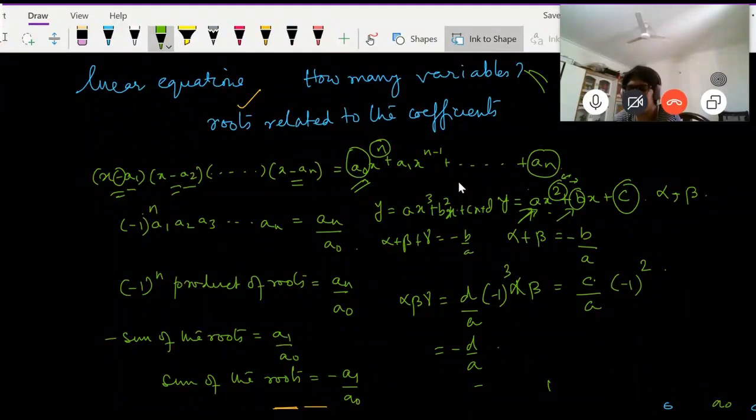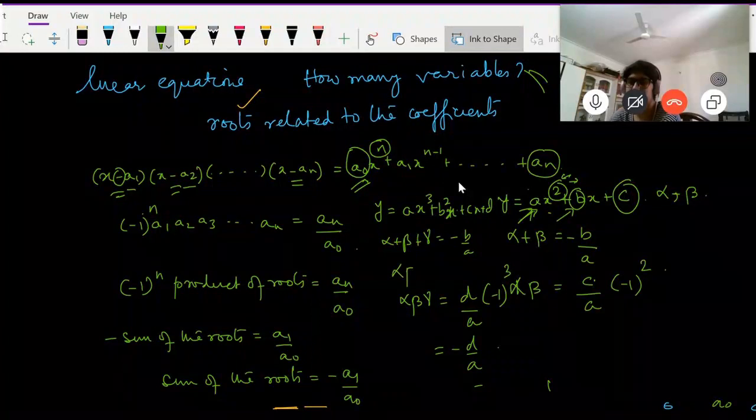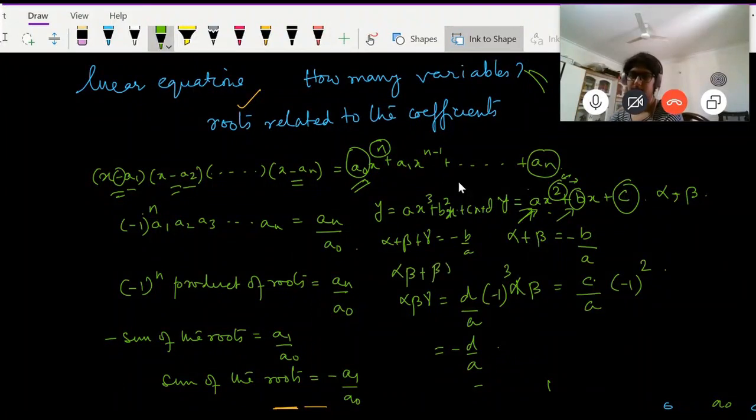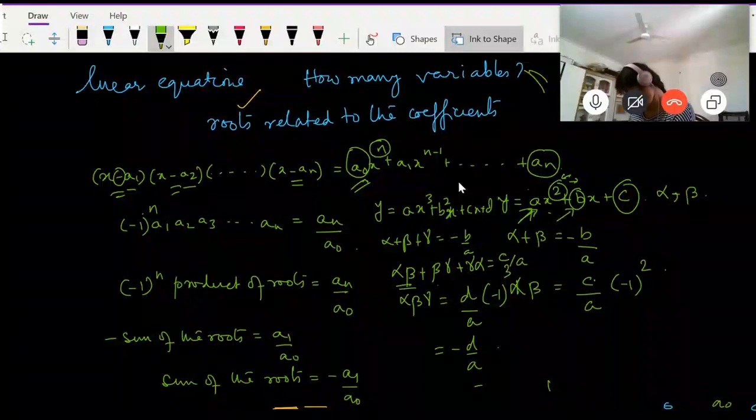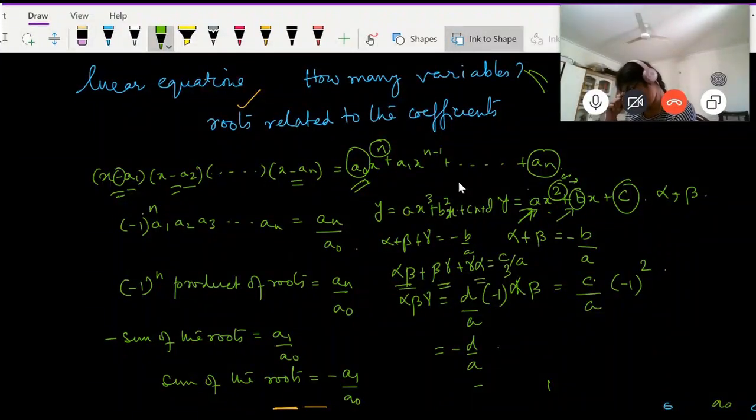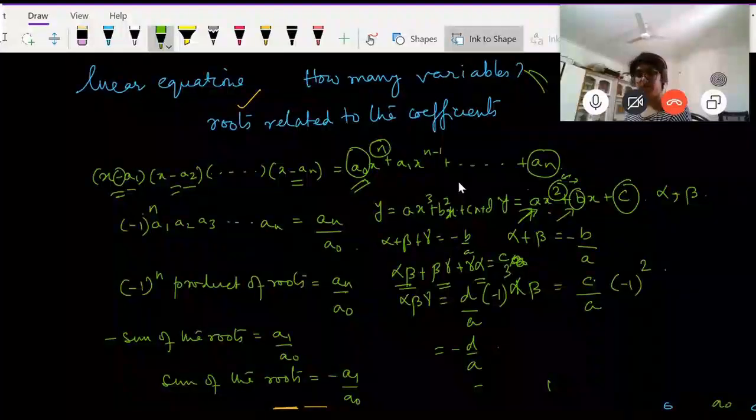And in case of a cubic equation, there will be one more term which is alpha beta plus beta gamma plus gamma alpha, which is the sum of the product of the roots taken two at a time. That will be c by a, and because they are paired with 2 each, minus 1 will not be there, it will be plus 1.